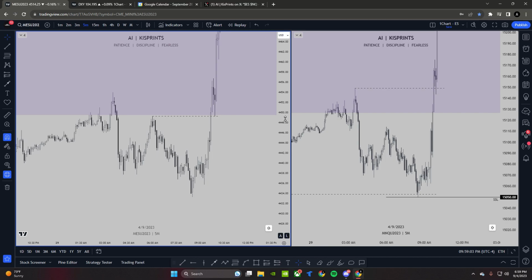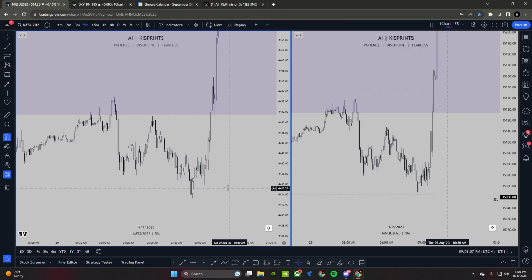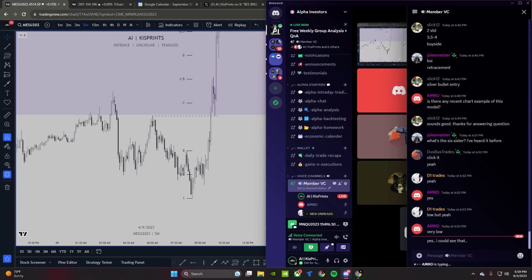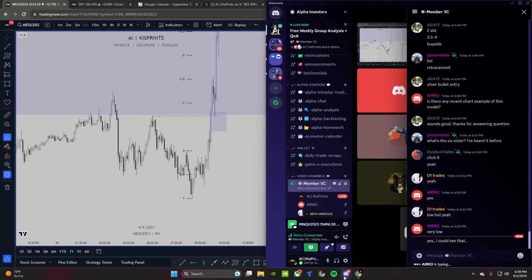now, just like in our scale model, we said how we have our last leg here before manipulation lower, and where did we tap into on the standard deviations before we came back and retraced into our PD array, into our breaker with a fair value gap, the 1 to 1.5, right?